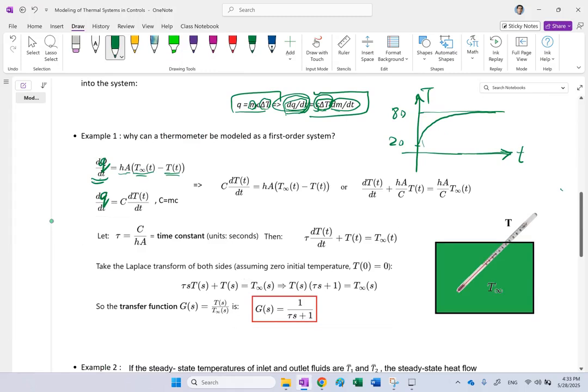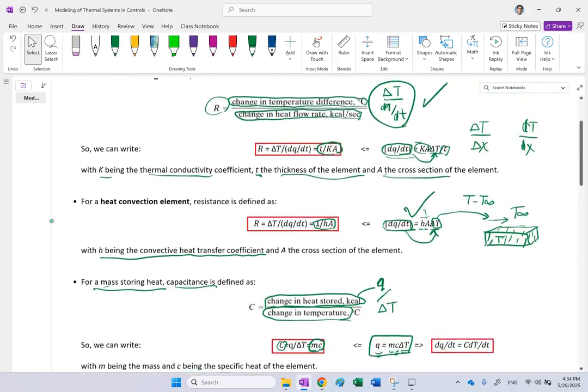Now you know that this material inside this thermometer, mercury again, or whatever it is, any other material that these days are used, they are not all mercury anymore. Basically the flow rate is equal to the capacitance of that material times the change in the temperature, and this is coming from the formula of capacitance.